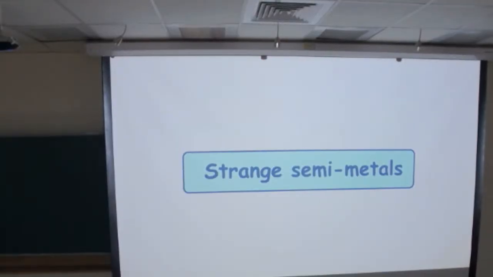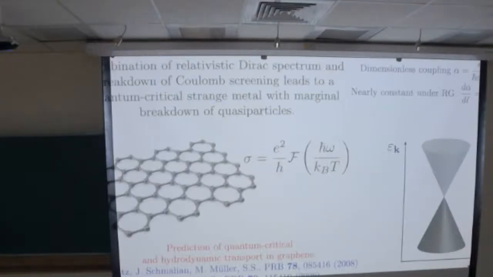So I'll begin not with strange metals, but with strange semimetals. These were actually predicted theoretically by us in just plain old graphene. If you just take ordinary graphene, which is undoped, you all know it has a relativistic spectrum. Here's the chemical potential, these are the occupied states, and the dispersion of the electrons and holes is exactly that of a massless Dirac particle, except the velocity of light is replaced by the Fermi velocity.